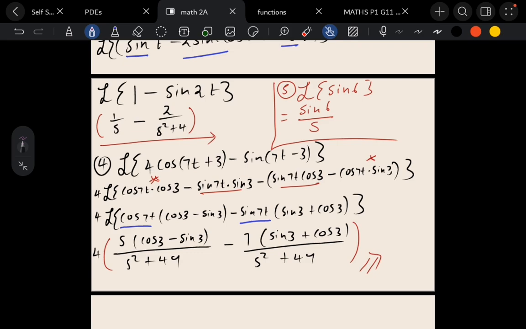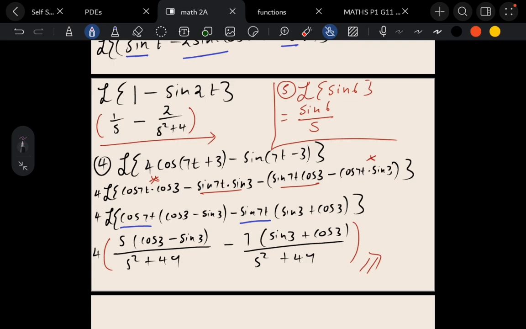I think I've made myself clear. You are not going to have any problems regarding the linearity property coming along with the trigonometric identities. So please make sure that you simplify first.